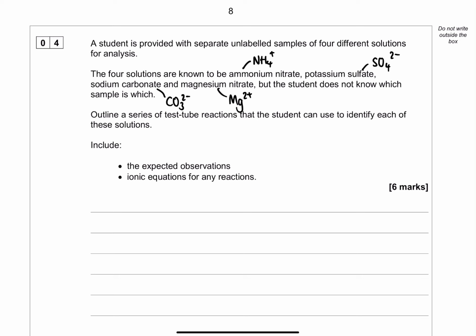Okay, so it doesn't really matter what order you do them in, but I'm going to eliminate the 2 that I think are the easiest 2 first. So the first thing I'm going to do is add acidified, so a small amount of acid, and then barium chloride.